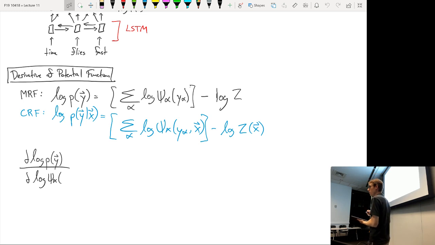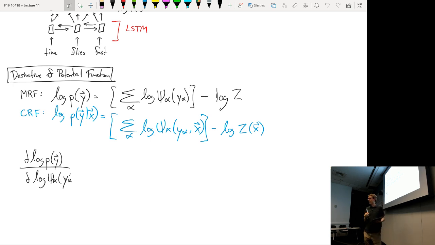Here's where we need to be very careful: what we're actually computing is the derivative with respect to some y alpha prime, which refers to a specific entry in that factor table.